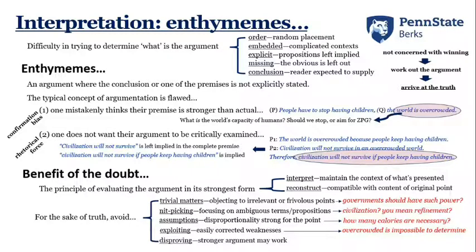And then disproving. In other words, just because they have given you a weak argument and you've disproven their weak argument doesn't mean that their conclusion is false, right? In other words, you can say to them, well, the way you've worded it, nobody would survive if we, as a society, didn't keep having children.